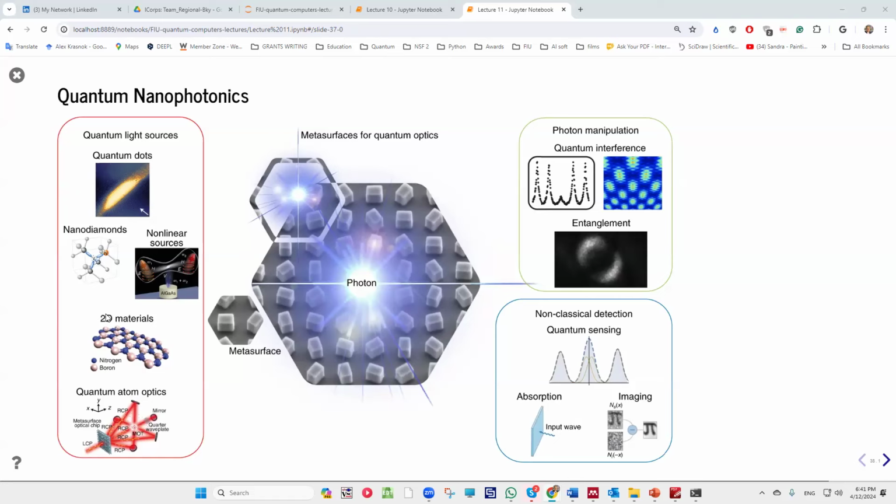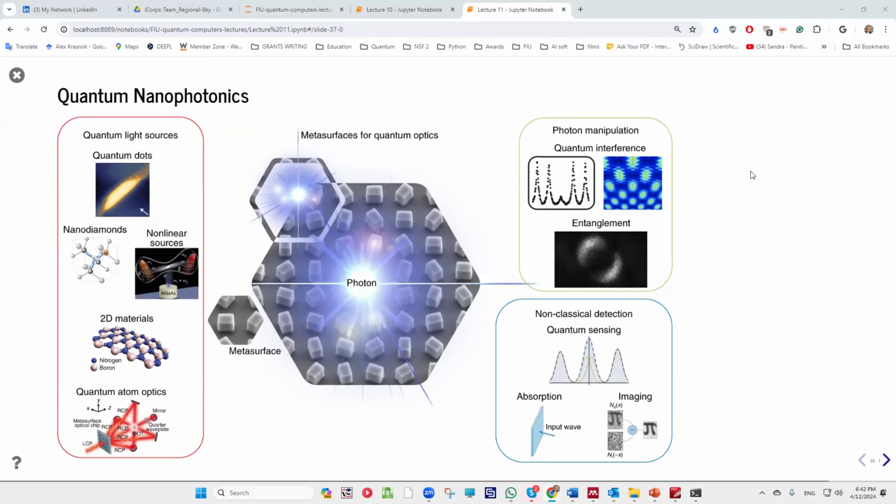So these particles are neither light nor matter. It's a hybridized state, and these hybrid states of light and matter are particularly interesting for optical quantum computing, because these particles can interact and can form entangled states. So it's much easier to create two-qubit gates with these hybrid exciton states.